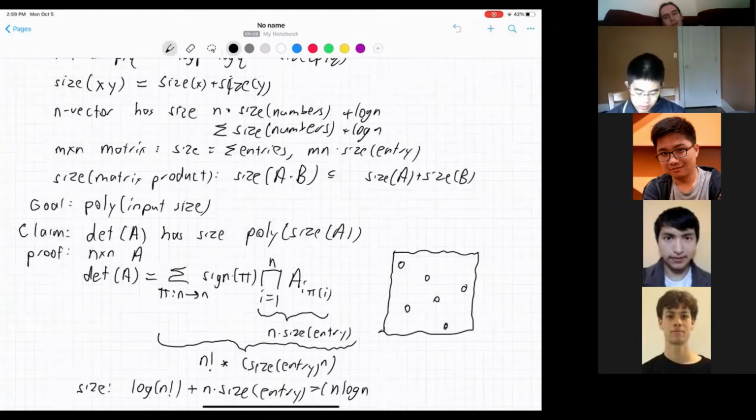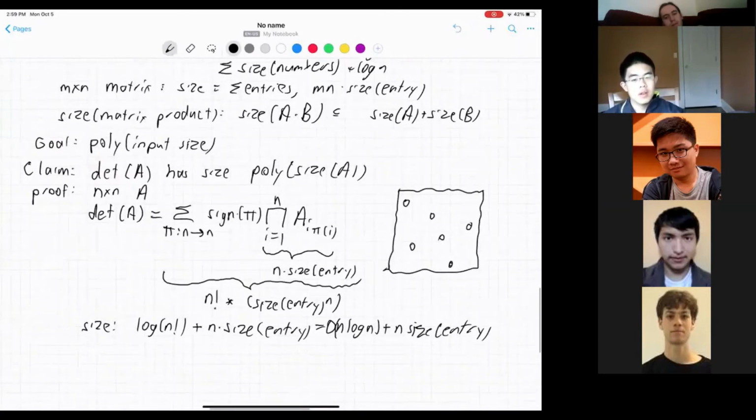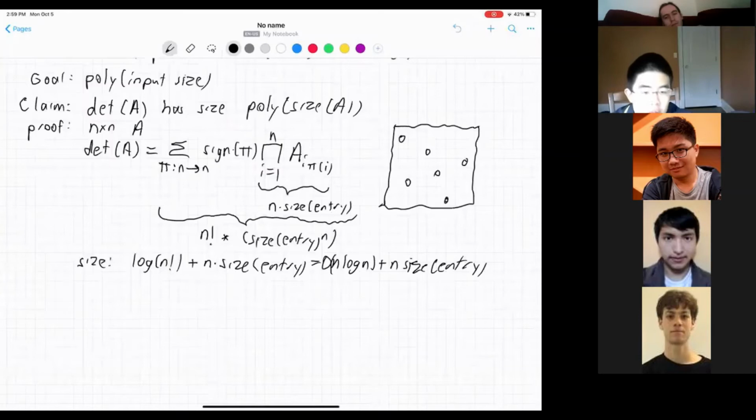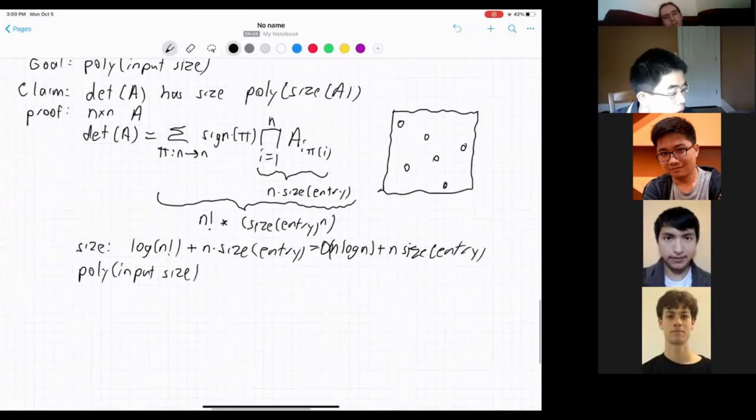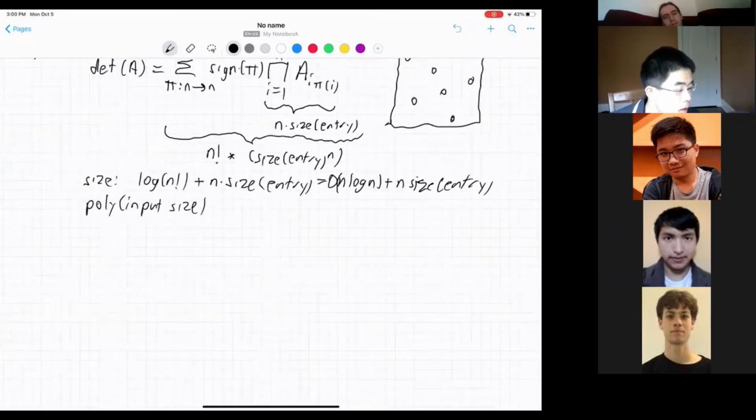It's about order n log n plus n times the size of an entry, right? So this is polynomial. This quantity is polynomial in the size of the individual entries and also in n. So it is polynomial in the input size. Correct? No questions?